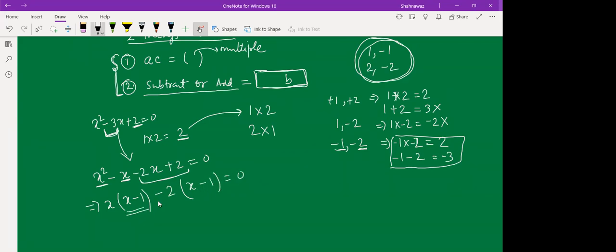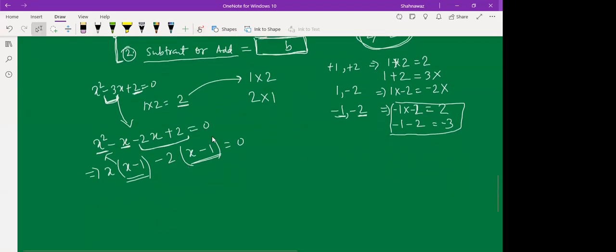So both the factors are same, right? Because if you multiply x into x, you will get x square. If you multiply x into -1, this will be -x. If you multiply -2 into x, this will be -2x. And if you multiply -2 into -1, this will be 2, right? So we have taken the right factors.